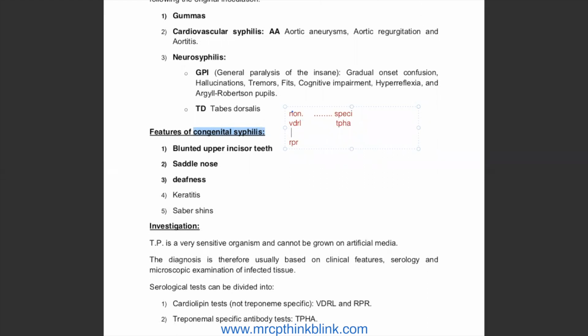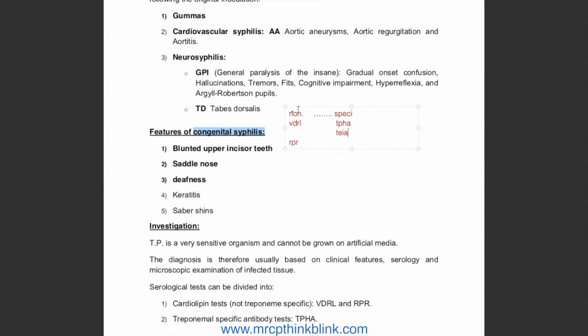and the treponema enzyme immunoassay. These two are specific. So whichever has the name treponema, or T, these are specific. Now, how will you interpret?